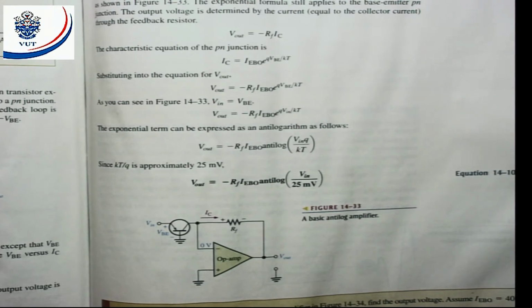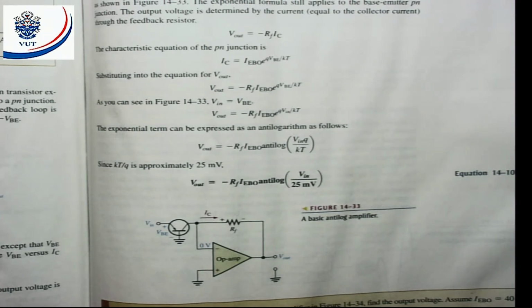All right, they state VR is equal to minus RF times IC, because that's the current that's going to flow there. Then I can say IC is IEBO. What is IEBO? What emitter base current? I talk about IEBO.